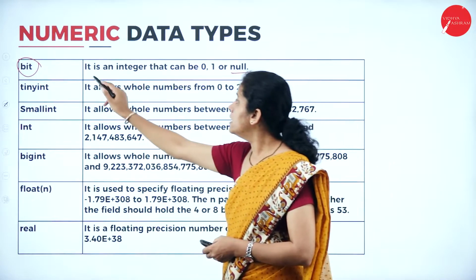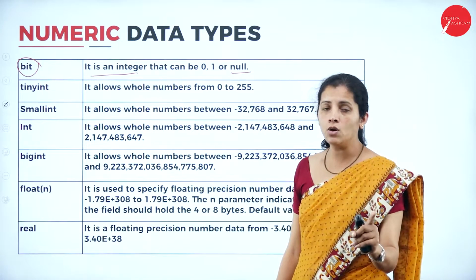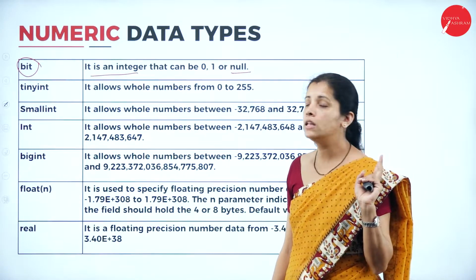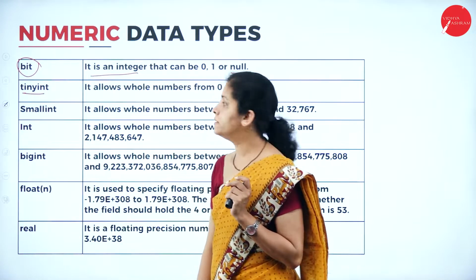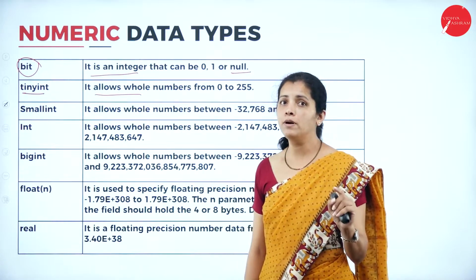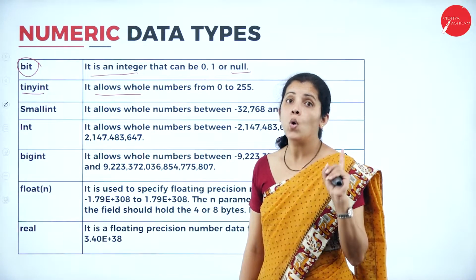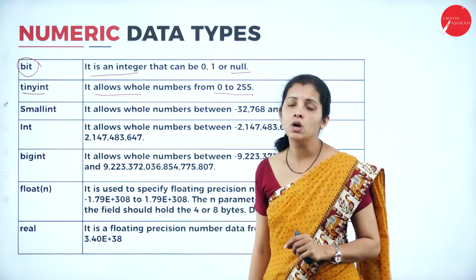So it's an integer value. I can have 0 or 1 or null. And I'm having tinyint. It allows whole numbers, and the range is 0 to 255.